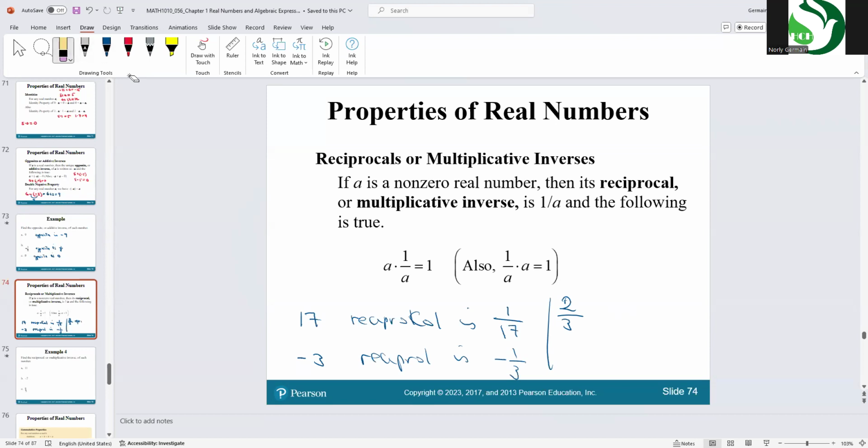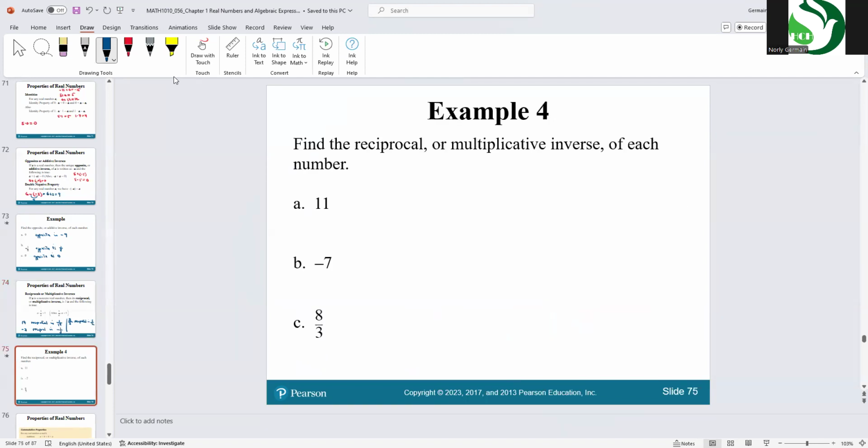You need to flip it. The reciprocal is 3/2. Okay, we're going to continue that way and see if there's any more examples to do.